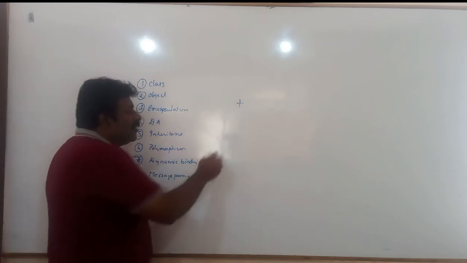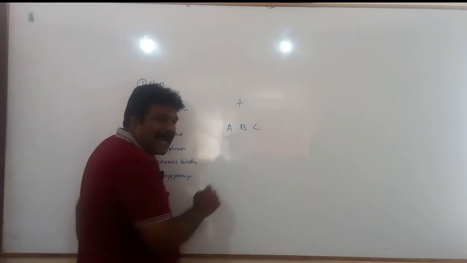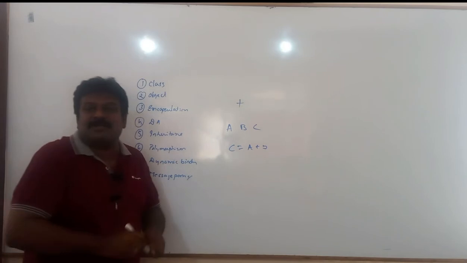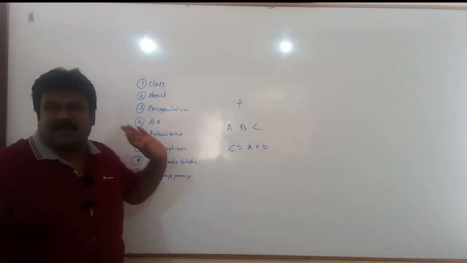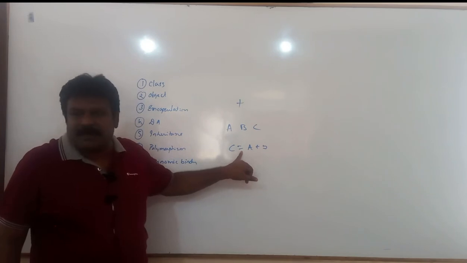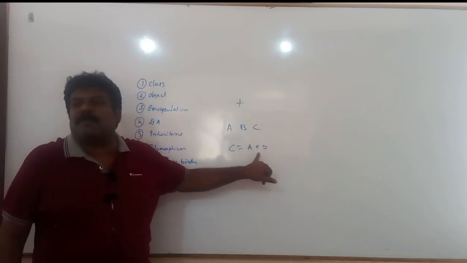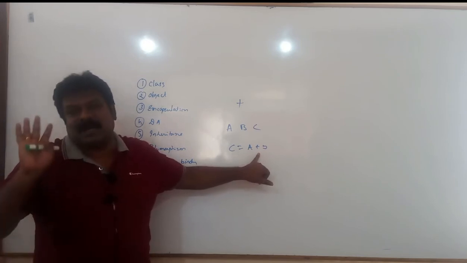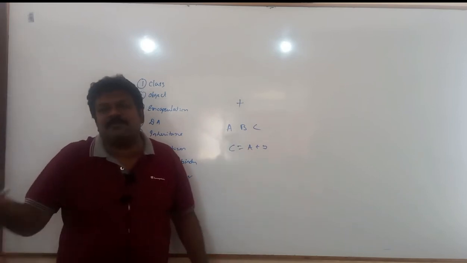For example, if I consider A, B, C as arrays, simply I can't say C equal to A plus B to add the contents of A with B and put them under C. It never works. Here see, this also doesn't work. The assignment operator also doesn't work and the plus operator also doesn't work. Why? Because they are designed to work only with the basic data types, whereas arrays are not basic data types, they are user defined.